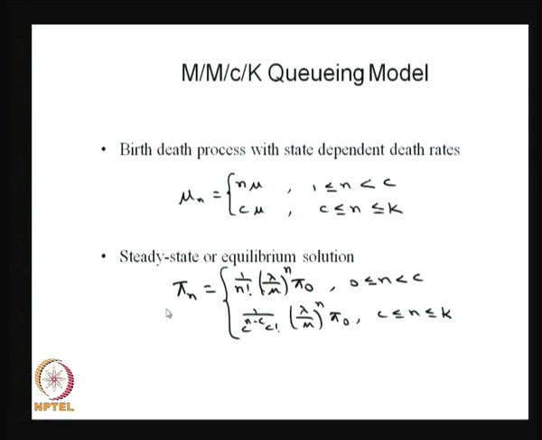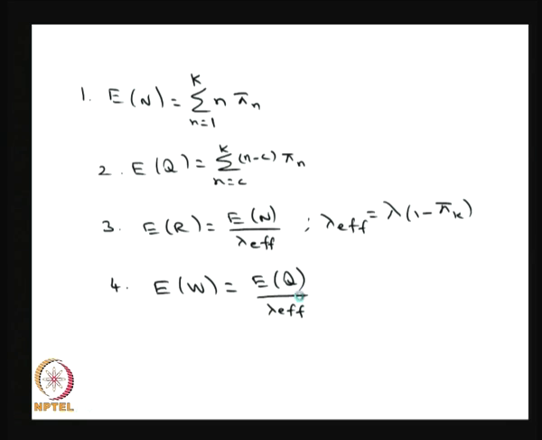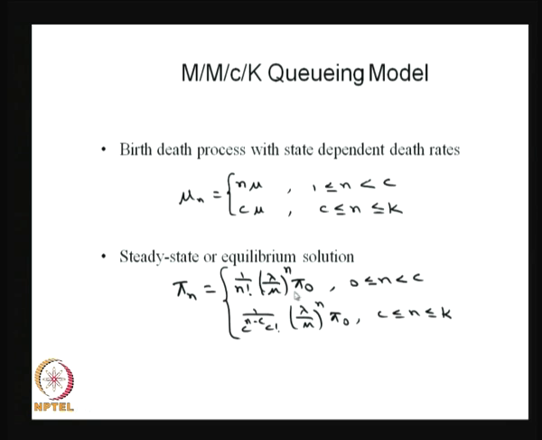First, you solve pi Q equal to 0, that means you write the pi n's in terms of pi naught, and use the normalizing condition, summation of pi n equal to 1, to get pi naught. Then substitute pi naught, and you will get pi n completely.